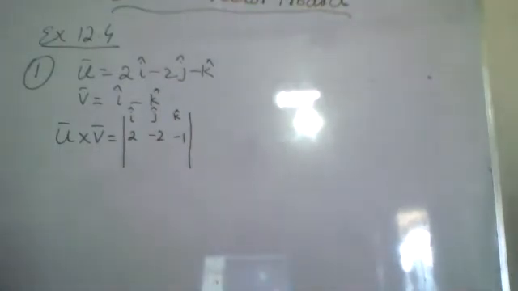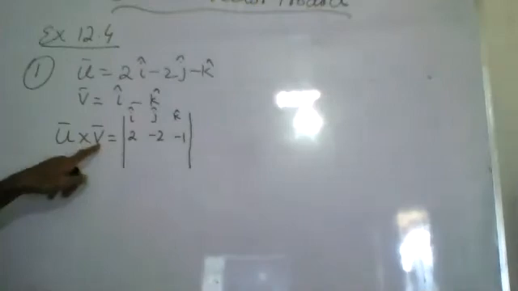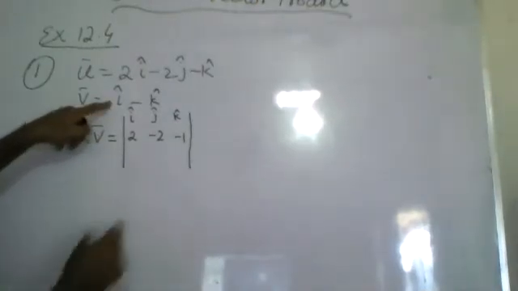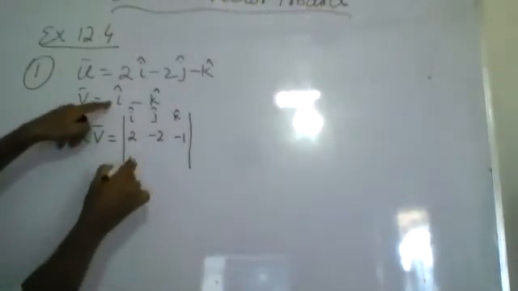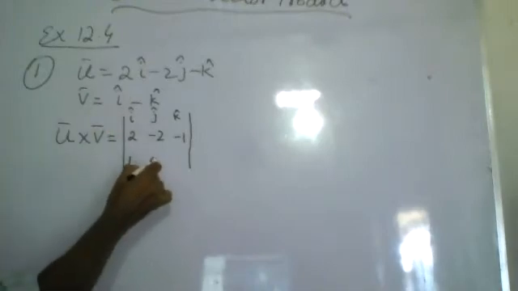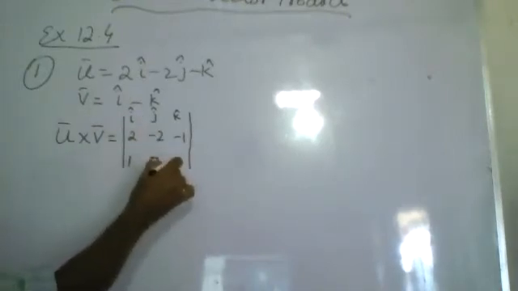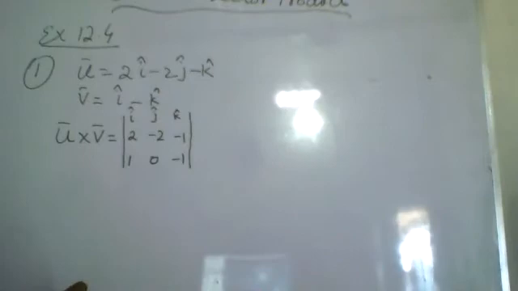Then I will write the components of vector V: i 1, j 0, there is no j, k minus 1. We made a determinant of 3 by 3.